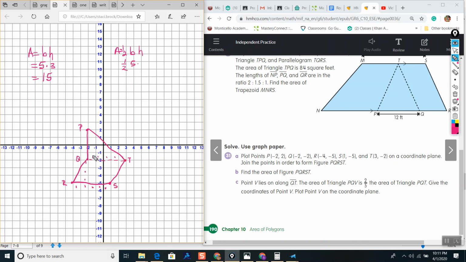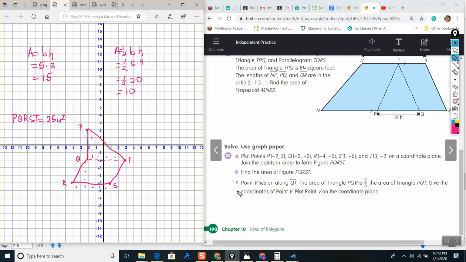And my height, 1, 2, 3, 4. A height of 4. And I find it easier just to multiply these. So we have 1/2 of 20. So I have an area of 10. So my PQRST is equal to 25 units squared. Okay, so there I found the area of my whole thing.